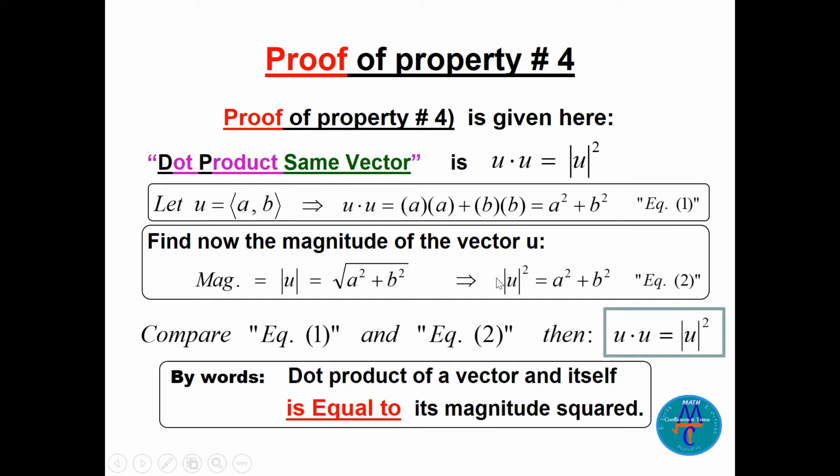So the magnitude of u squared is equal to a squared plus b squared. This is equation 2. Now let's compare equation 1 and equation 2. The right sides are exactly equal, a squared plus b squared, which means u dot u is equal to the magnitude of u squared. We can say that in English: the dot product of a vector and itself is equal to its magnitude squared. Very important property.